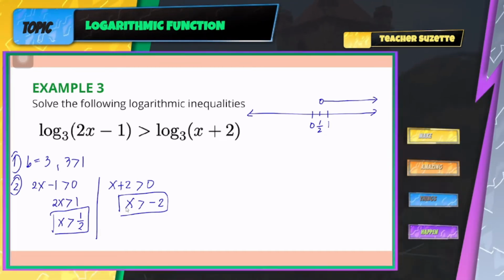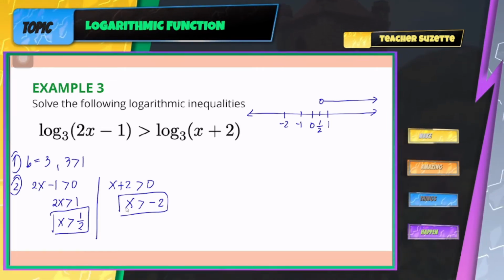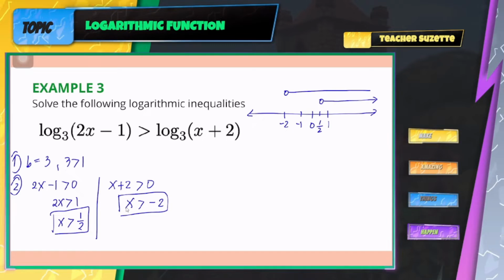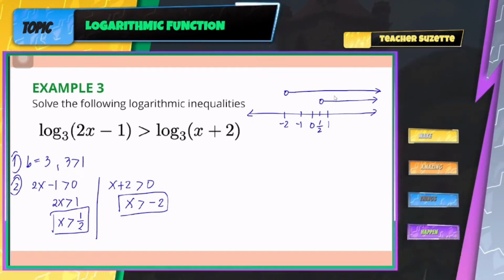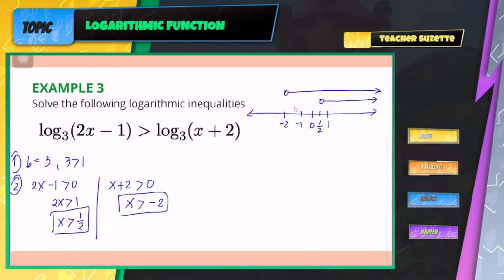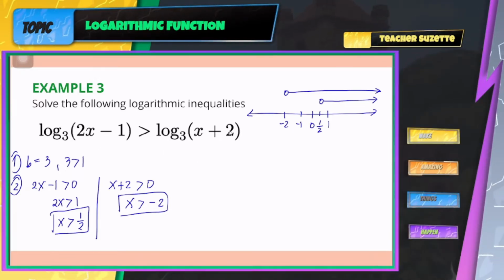Then for negative 2, x is greater than negative 2, towards positive infinity. These are the values of x that would make our logarithmic expressions defined.